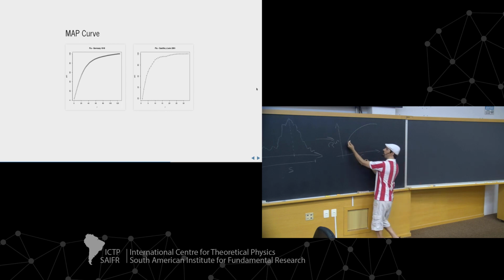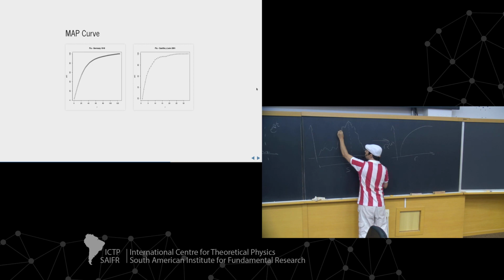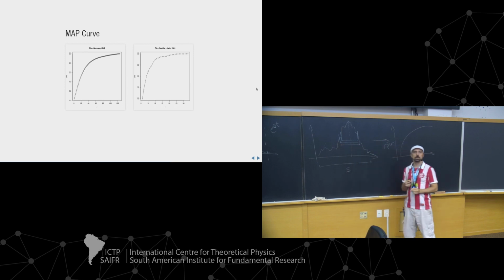Because when it starts to bend, this means that now I moved from something that looked like this to something that went from here to here, or from here to here, right?